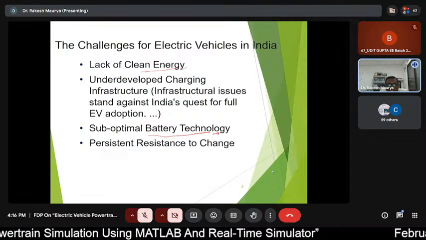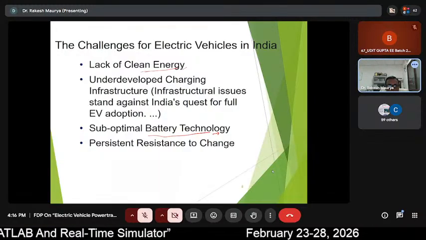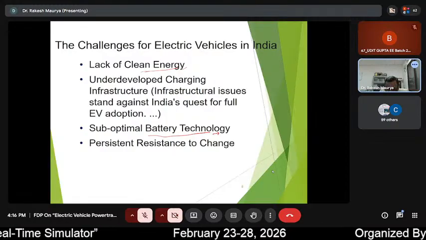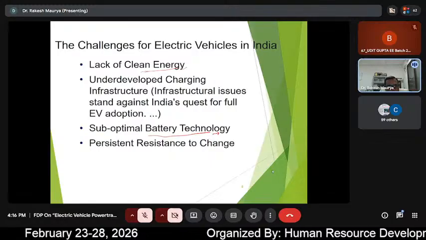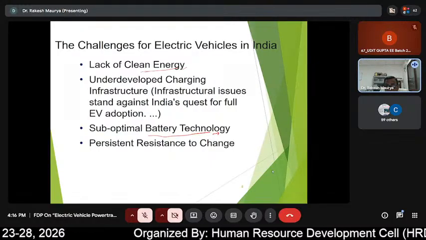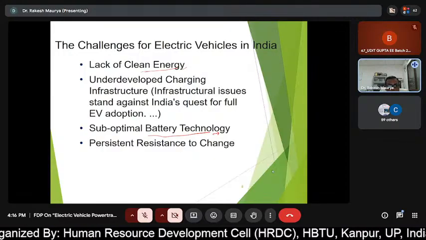So we need to enrich our electric sources through green energy. We should facilitate solar power generation, hydropower generation, and localized generation where clean energy is possible.